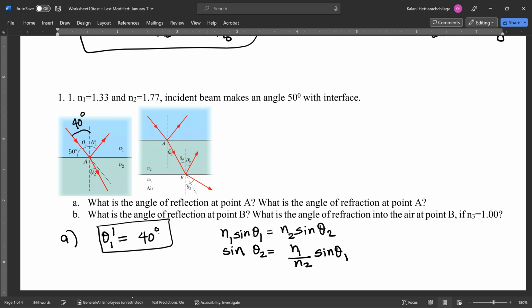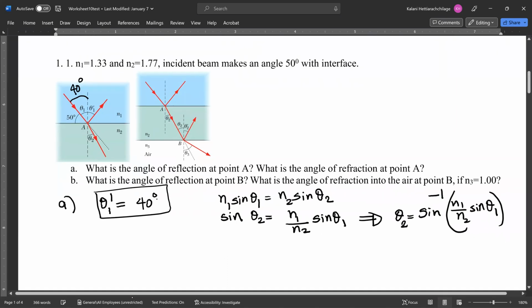And from this, you will be able to write theta 2 by taking the sine inverse of this value, N1 over N2 times sine of theta 1. Okay, so you can calculate it.